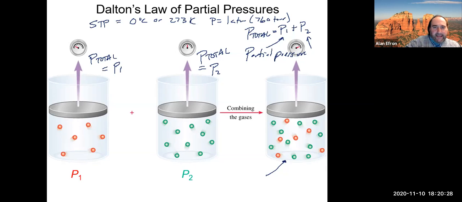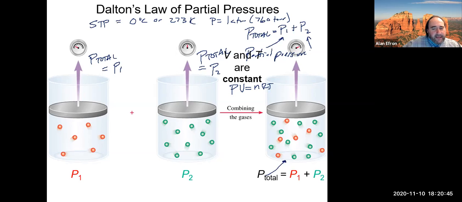Now, how do we get the pressure of a gas in a mixture? The most common way is using the ideal gas law, PV equals nRT. But a couple of things about our mixture: because these gases are in the same container, they will have the same volume and the same temperature, because that container is sitting in the same location.